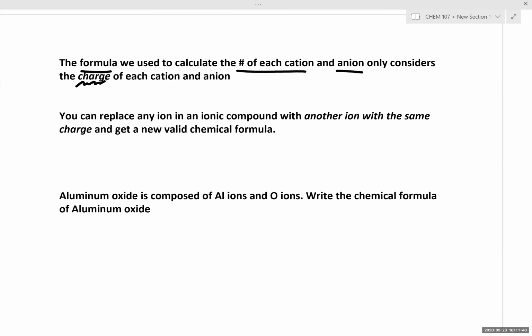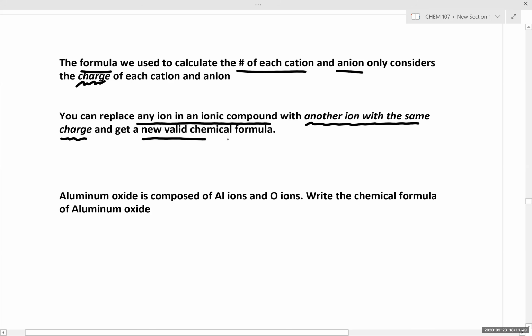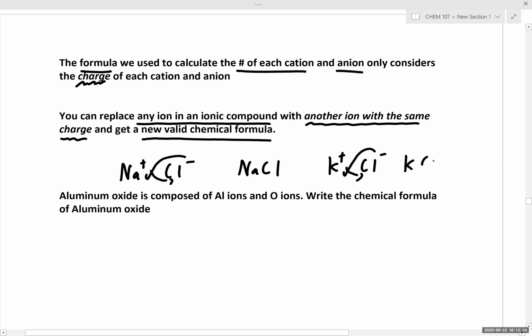In other words, you can replace any ion in an ionic compound with another ion with the same charge and get a new valid chemical formula. To show you an example, if you have Na+ and Cl- and you cross your charges to get sodium chloride, we can just as easily replace sodium with potassium because it has the same charge. And we would get a very similar formula.